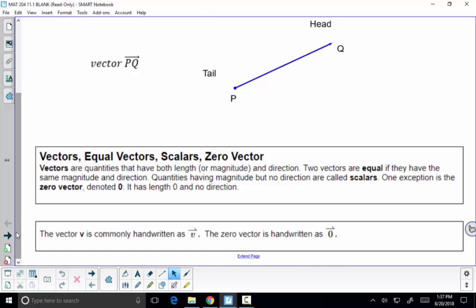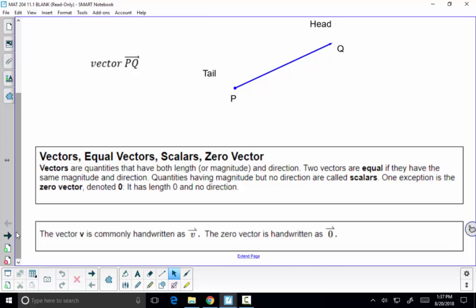But if you see a bold letter in a textbook, 99% of the time it's a vector. So it's really important to be able to distinguish when you're dealing with an ordered pair or a vector. Those are 2 different things. There's a very close relationship between them, but they are 2 different things. Ordered pairs and vectors are different.